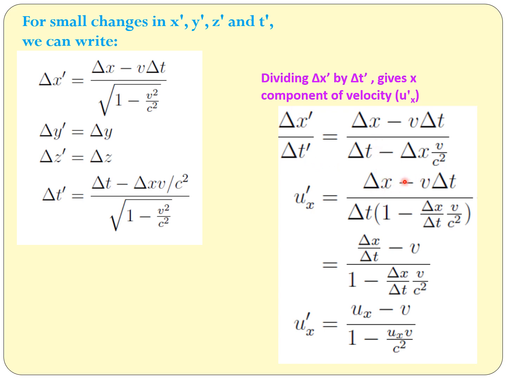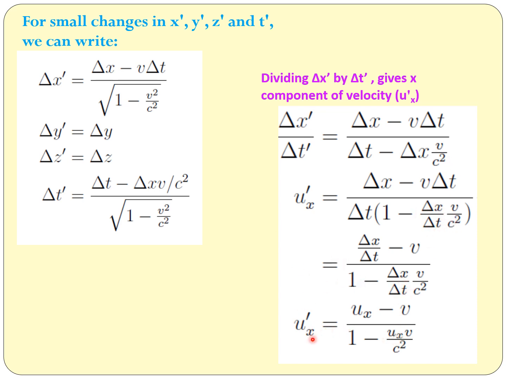And on the right hand side, if we take delta t as common, delta x by delta t will give us ux minus b, and delta t we also take out from the denominator. So 1 minus delta x by delta t times b by c square, and delta x by delta t can be written as ux.